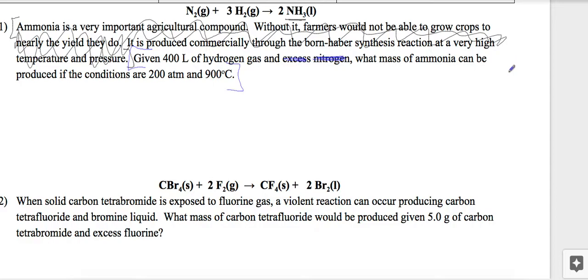First, the questions or the steps: convert to moles. And we have the mole ratio. Then we convert out of moles.